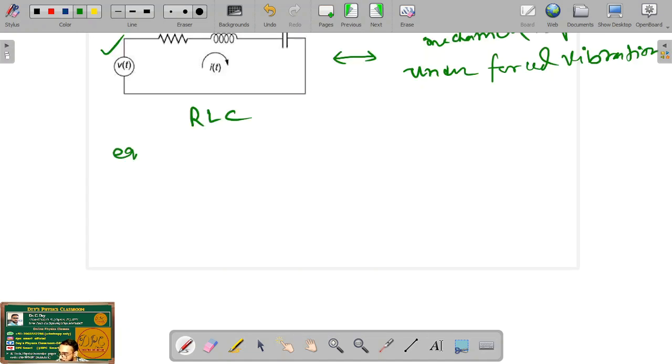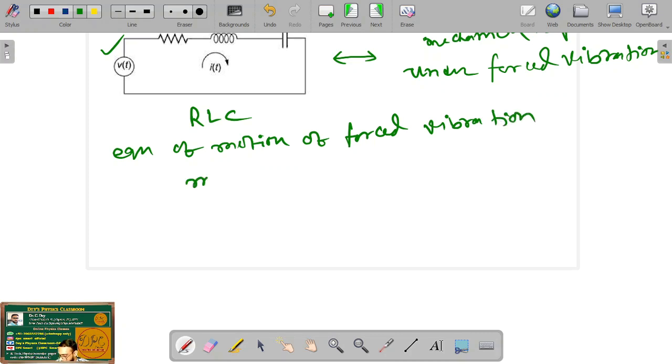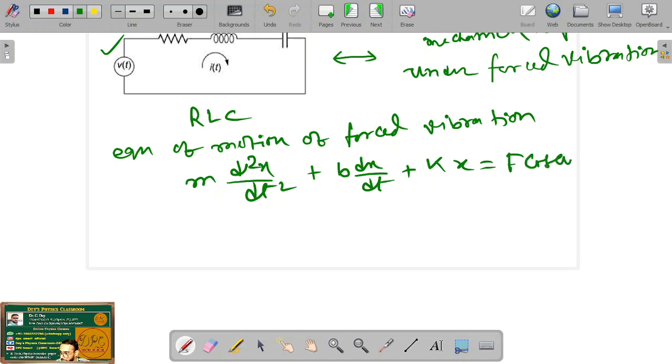Now the equation of motion for forced vibration is m d2x/dt2 plus b dx/dt plus k x equals F cos omega t, where the external applied force is F cos omega t.